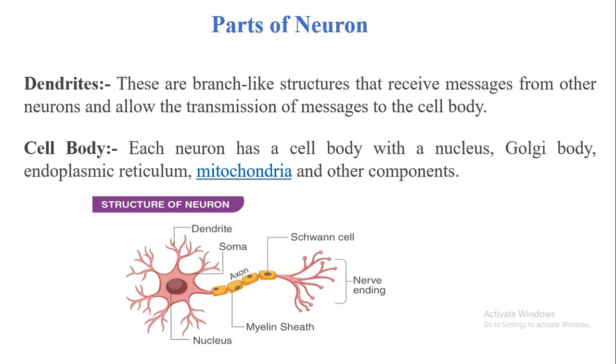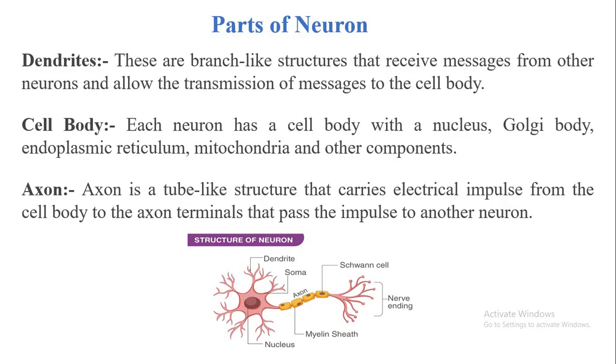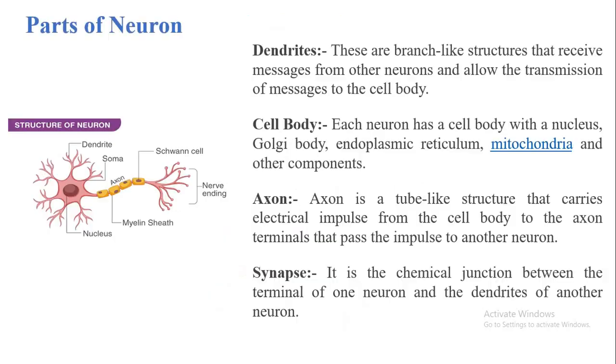Each neuron has a cell body with a nucleus, a Golgi body, endoplasmic reticulum, mitochondria and other components. So these are all parts of the neuron. Then the axon is the tube-like structure that carries electrical impulses from the cell body to the axon terminals, which pass the impulse to other neurons.